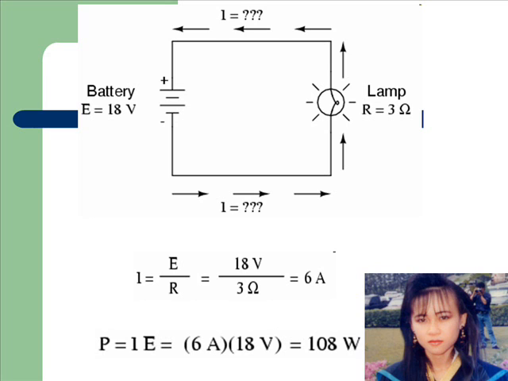Using Ohm's law to determine current, we get 6 amps. Now that we know the current, we can take that value and multiply it by the voltage to determine power. Answer: the lamp is dissipating, releasing, 108 watts of power, most likely in the form of both light and heat.